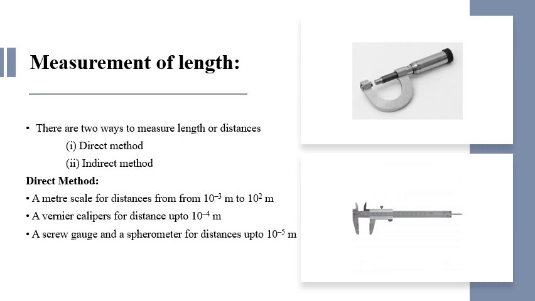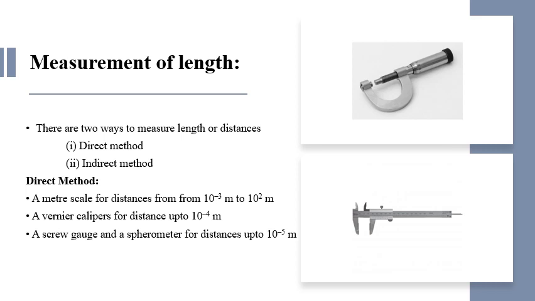You are already familiar with some direct methods for the measurement of length. For example, a meter scale is a simple measuring instrument. By using this meter scale, you can measure a length from 10 power minus 3 meters to 10 power 2 meters.